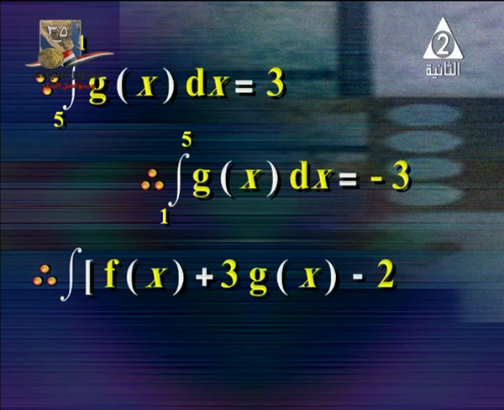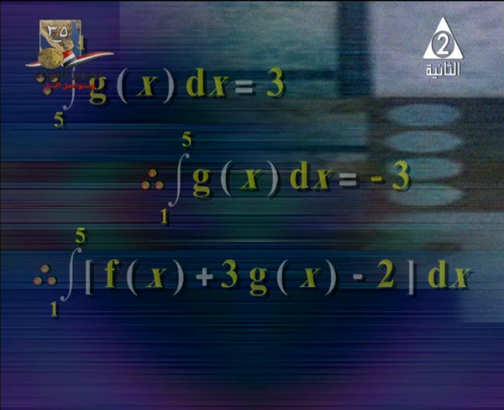Also, by substitution, integration of f of x plus 3 g of x minus 2 dx from 1 to 5 equals what? Distribute the integration over the sum: integration from 1 to 5 of f of x dx plus 3 integration from 1 to 5 of g x dx minus integration from 1 to 5 of 2 dx.